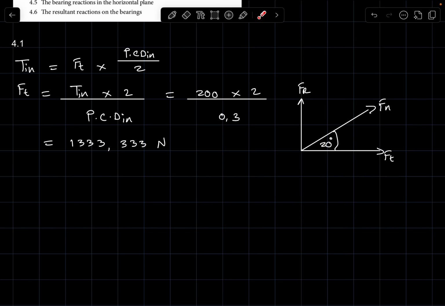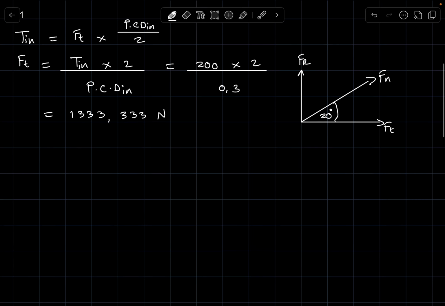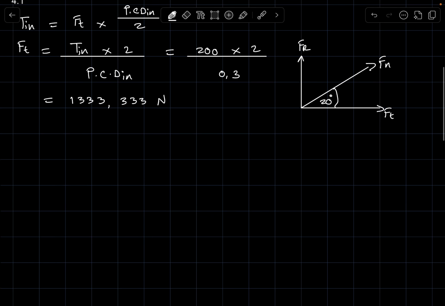So in this case, we have the tangential force, so we'll use the relationship between these two to calculate the normal force. Bearing in mind that the normal force essentially is the hypotenuse, it means that Ft is going to be equal to Fn times cos 20.